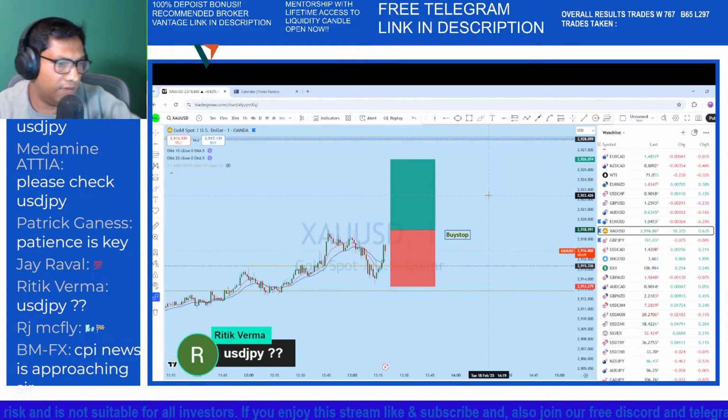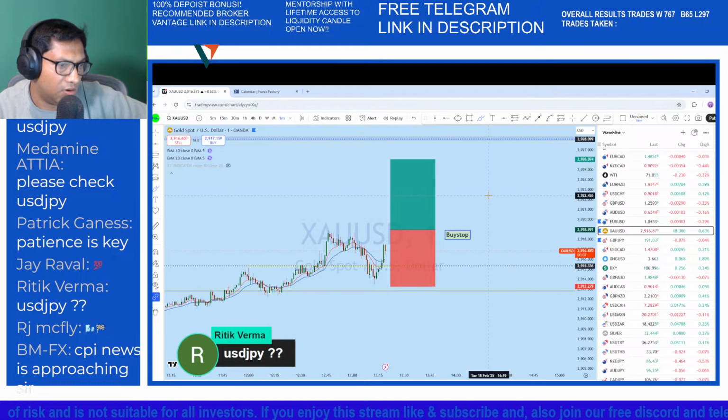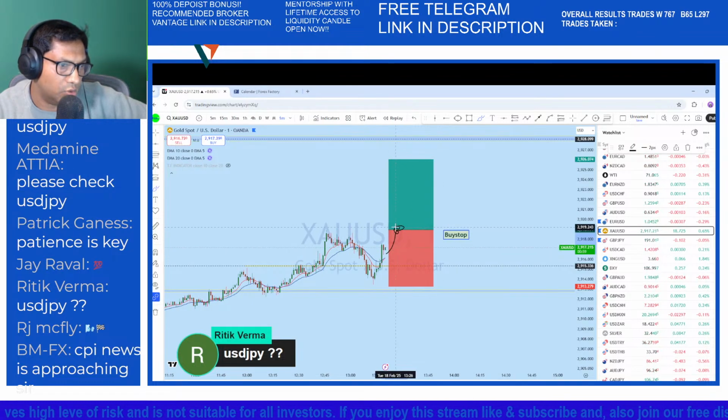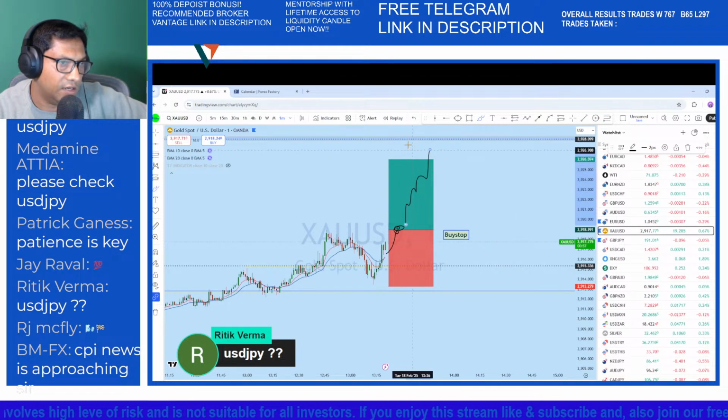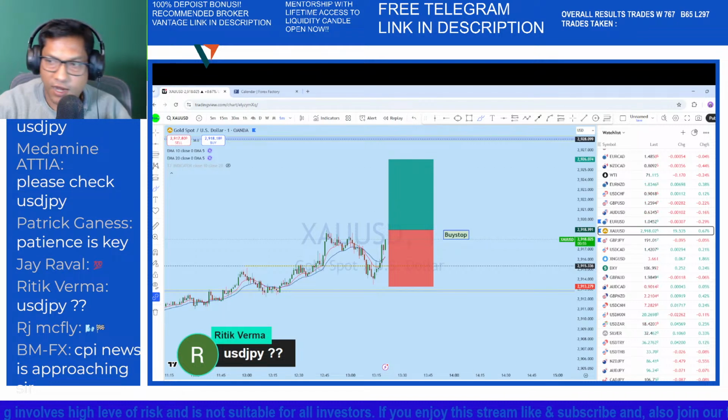So this is the level that we can see on XAUUSD, and in that level expecting it to move up and then to trigger and then to trend again to the upside to create a new higher high.